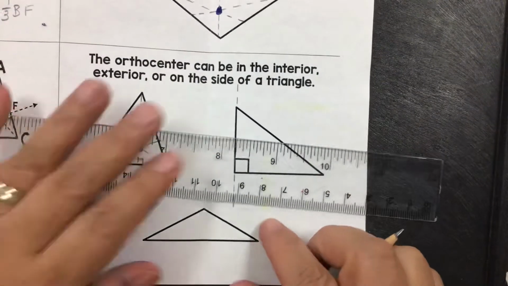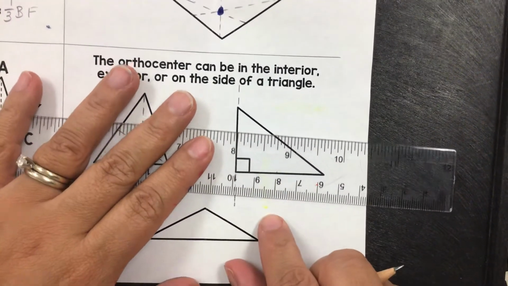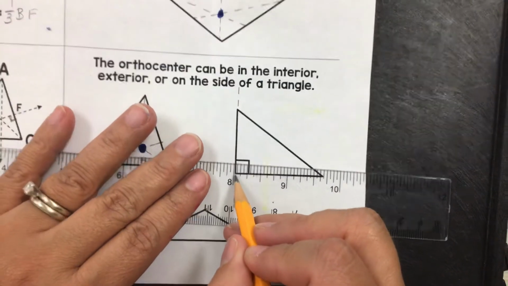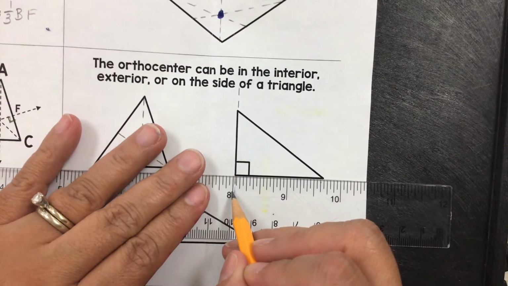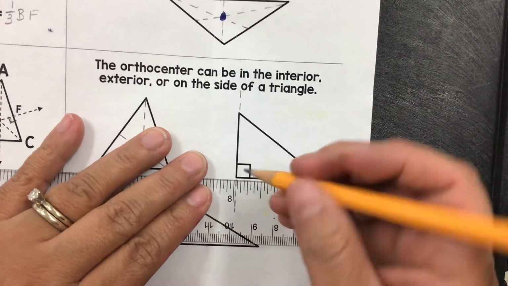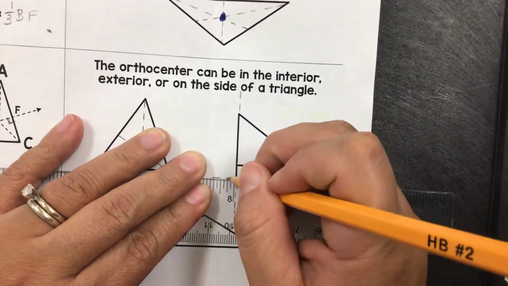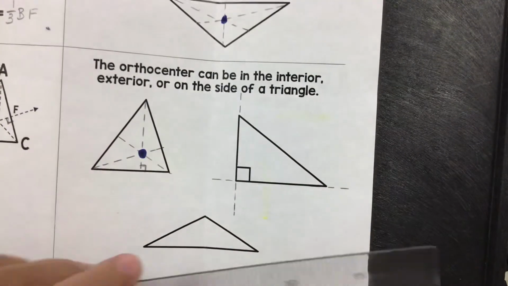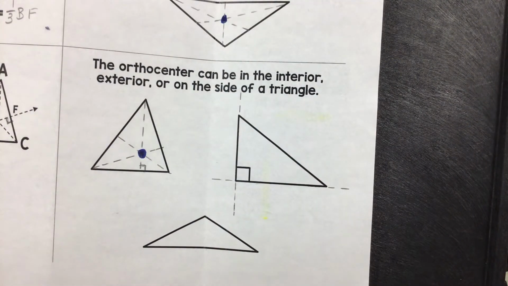Okay, so I'm going to show you again. You line up the ruler to the side that you're referring to, so I'm going to keep it here. And you move the ruler to the vertex. And this will end up being the side of that triangle. I just extended it a little bit so you could see that it was there.